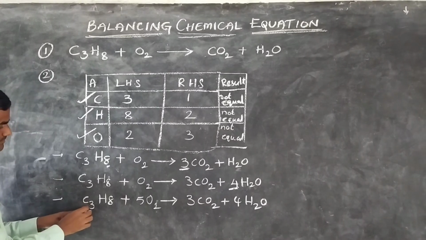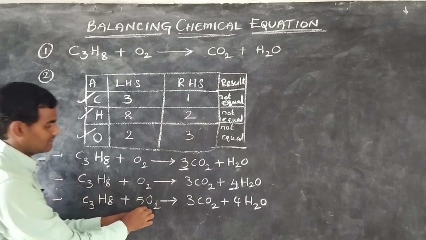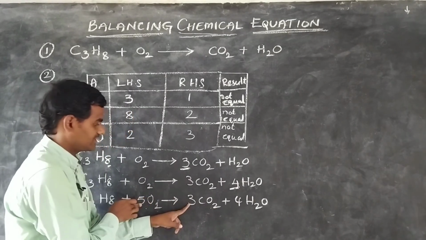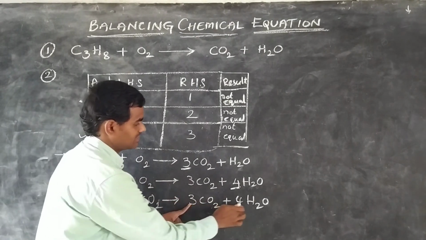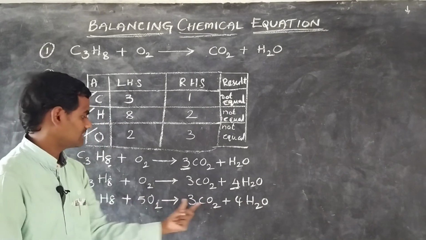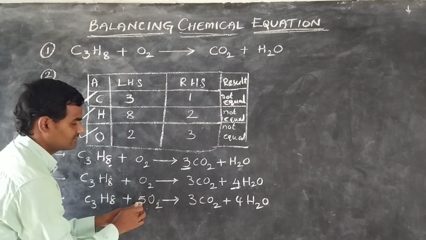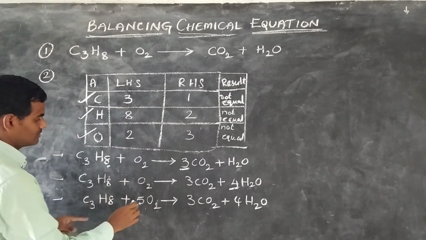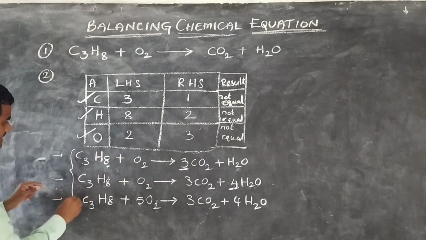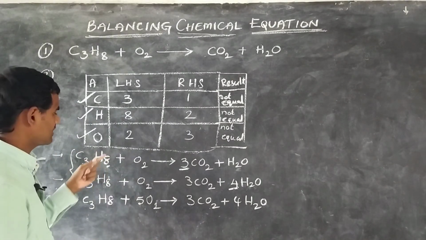In the next step, the oxygens are balanced. To balance oxygens, we placed 5 here, because 3 into 2, 6 plus 4, total 10 oxygens are present on the product side. So we placed 5 on the reactant side, so that the number of oxygens also become equal. After these 3 steps, we can check one more time.